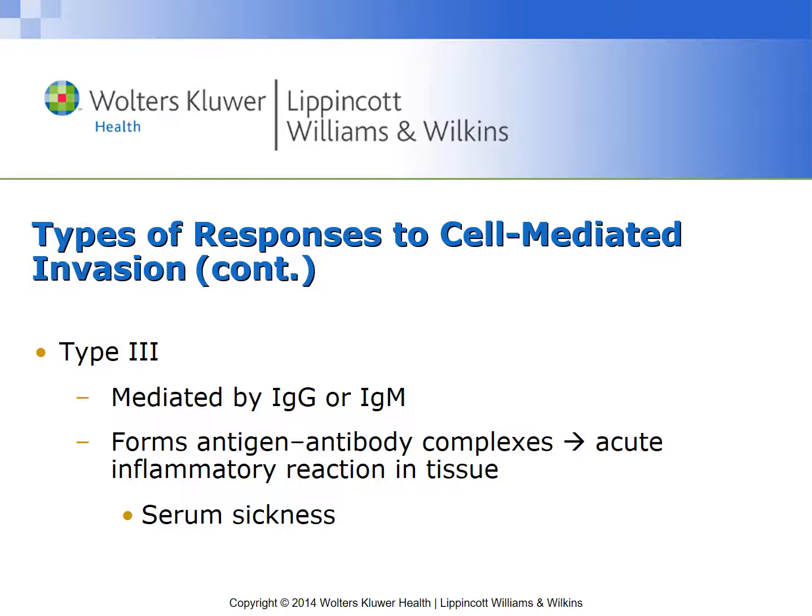You might see this in the kidneys, where these complexes form and deposit into the renal tubules and clog up the system and cause major inflammation. So when we have too much of the antigen-antibody complex deposited in the vessels, that's when you're going to see that inflammatory reaction occurring, and it can eventually damage the vessels.